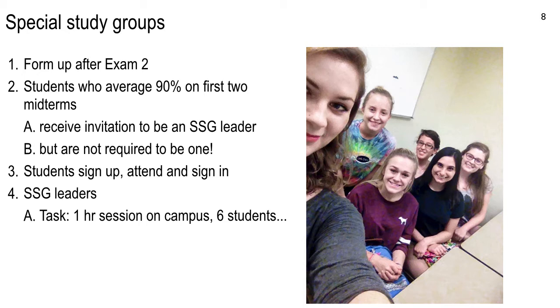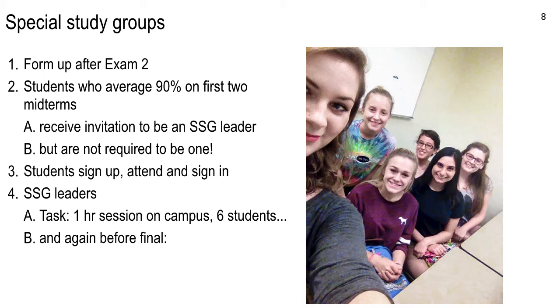It goes for 1 hour, and the maximum is 7 students that sign up, and then 1 study group leader. So a total of 7. In this picture there's 6. I don't know where the 7th person was, but anyway, then they do the same thing again before the final.